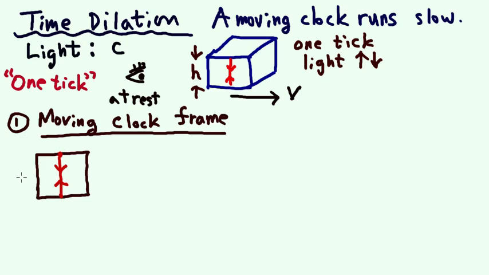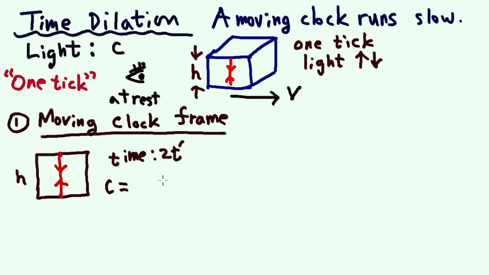So during that one tick event, how much distance does it cover? Well, it's h plus h, so that's 2h. And how much time does it take? Well, we will say that that time is 2t prime. So we will just define it as 2t prime. And what's the speed at which this light moves in that moving clock frame? Well, it's c. It's always c.